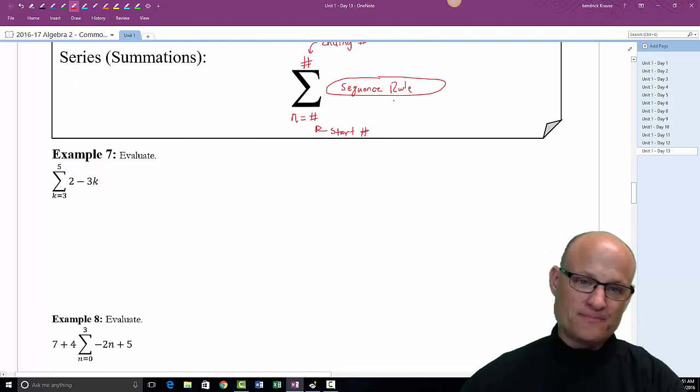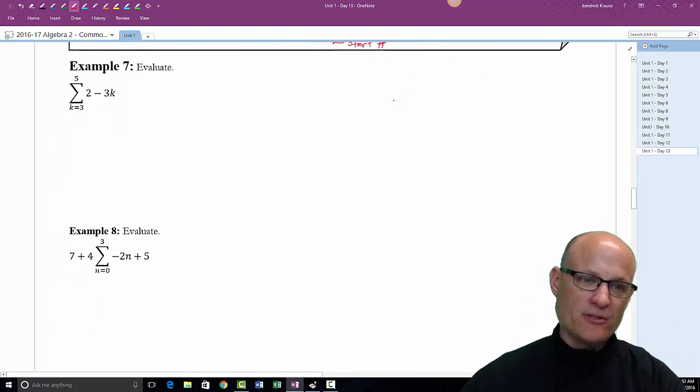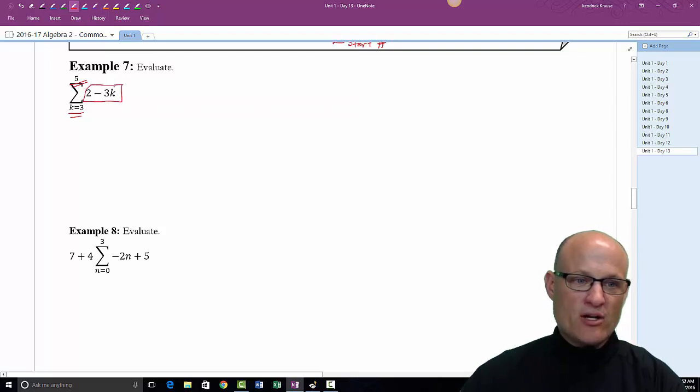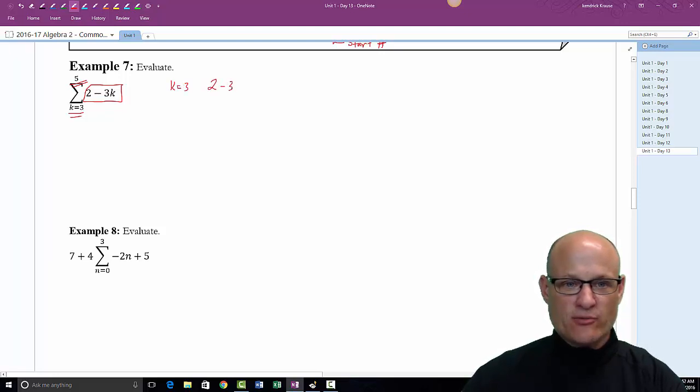So let's see this first one. My start number is 3. My end number is 5, and here is my rule. Now, this big sigma stands for when you're done, add them all up. So I just like to do them right here. When k equals 3, I get 2 minus 3 times 3, so that's negative 7.